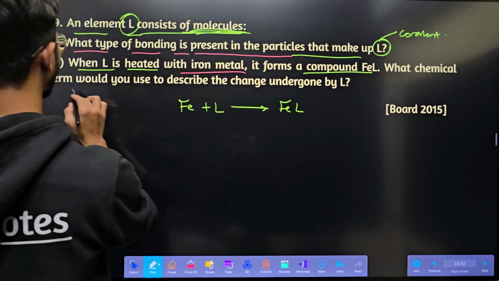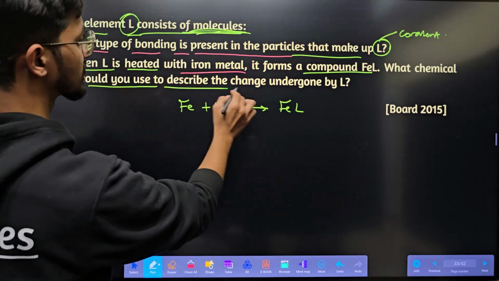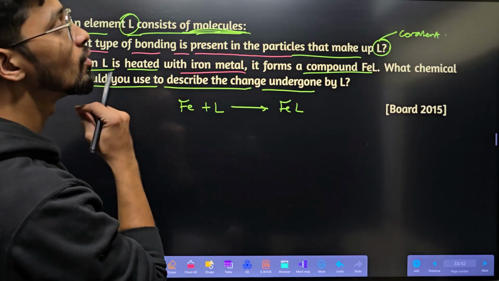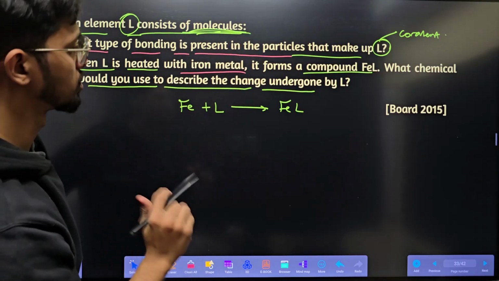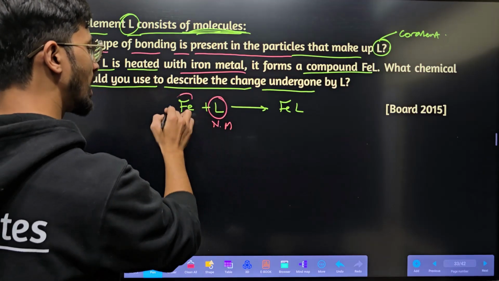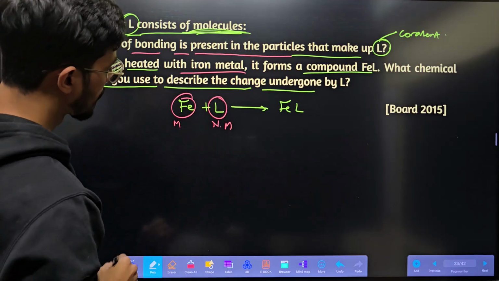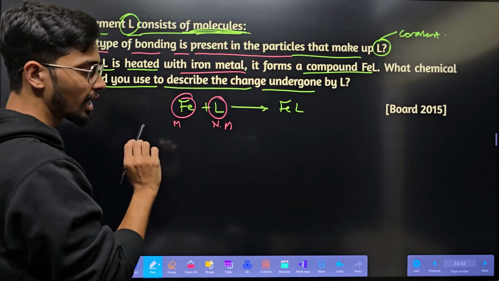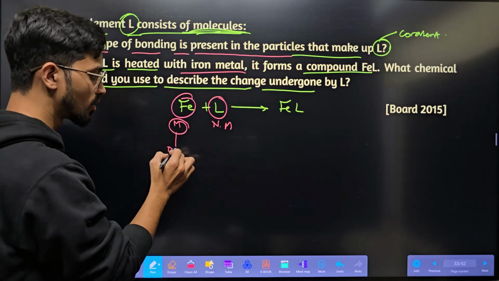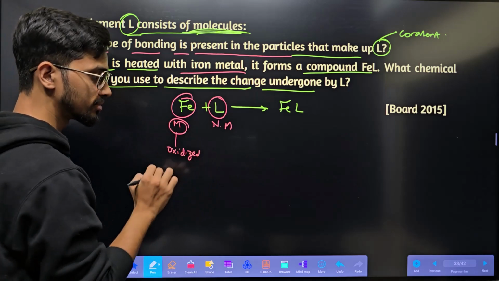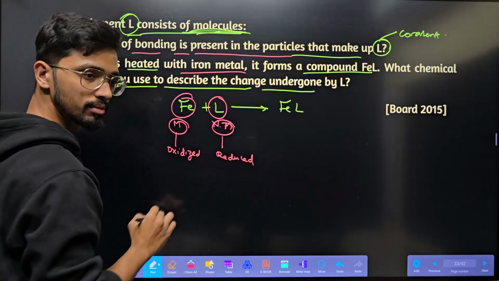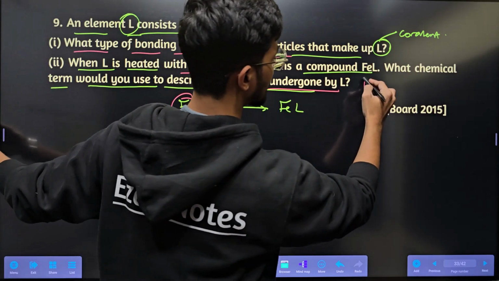What chemical term would you use to describe the change undergone by L? Now L is forming a covalent bond, so obviously L is a non-metal and Fe is a metal. So electrons are being shared, right? Metal always gets oxidized and non-metal always gets reduced. So it is undergoing reduction.